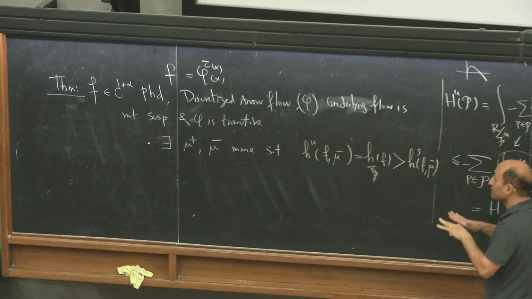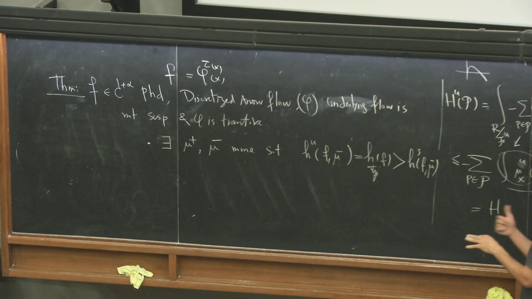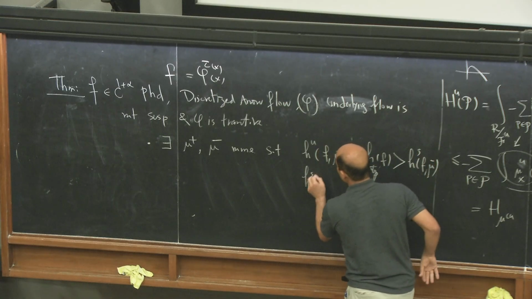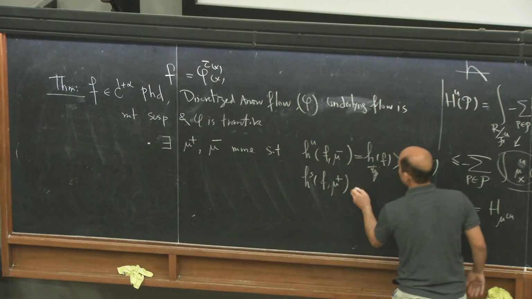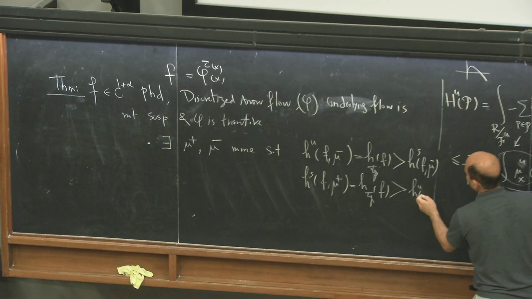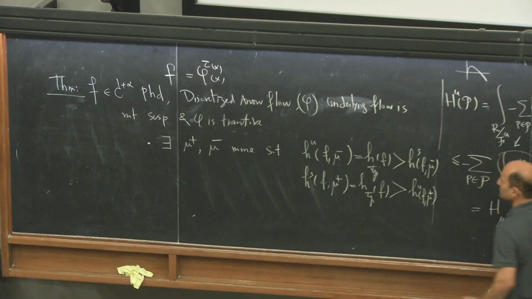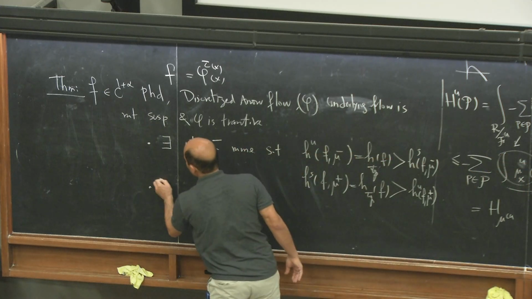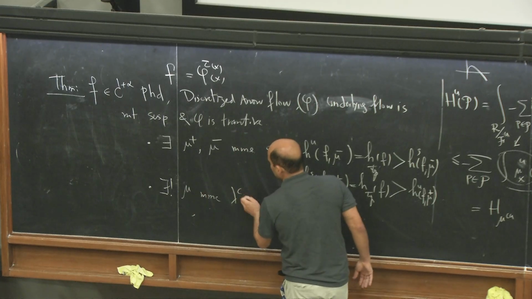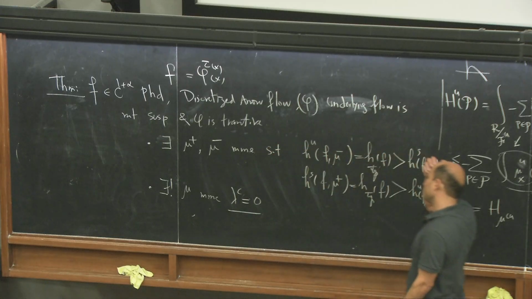So the measure with negative exponents has asymmetry, and the stable entropy is less than this one. The stable entropy of the other measure is equal to the topological entropy of F, which is strictly larger than the U entropy of mu plus. Or you have a unique MME, mu, with zero Lyapunov exponents.